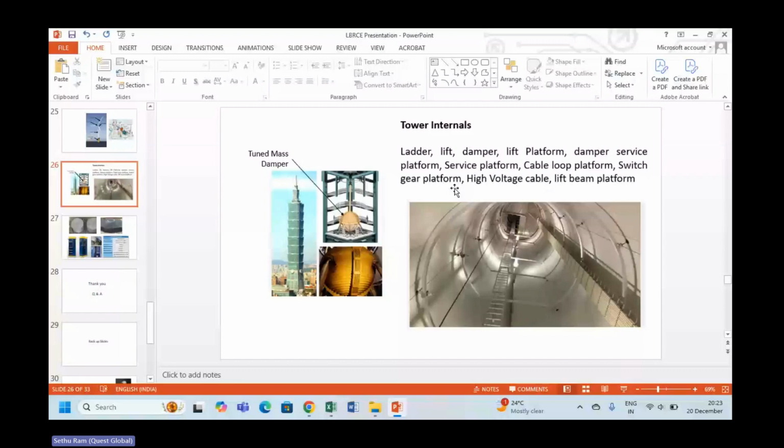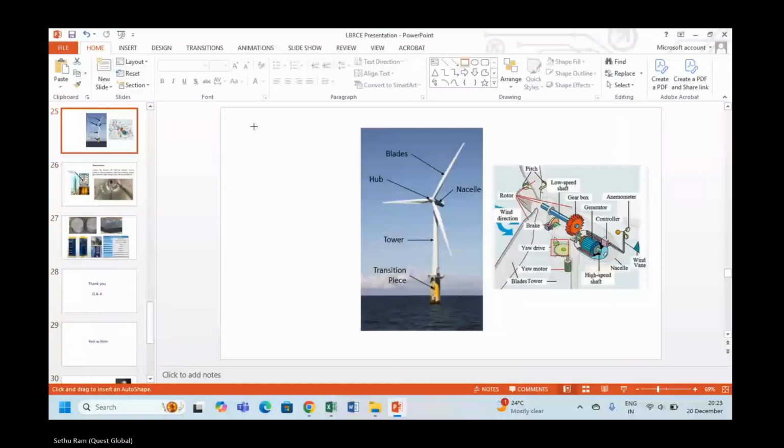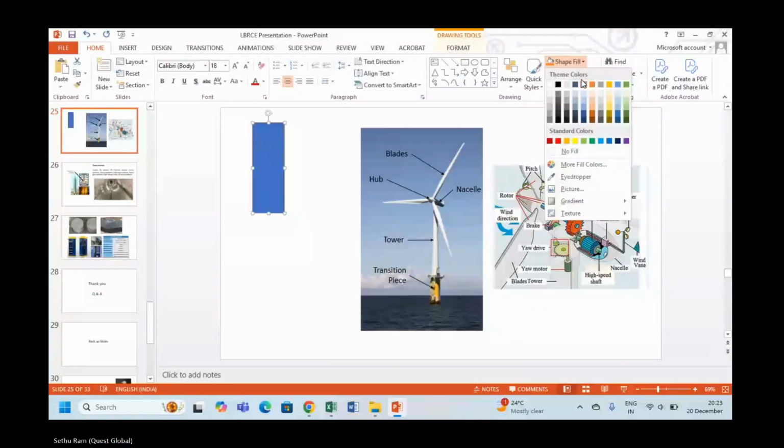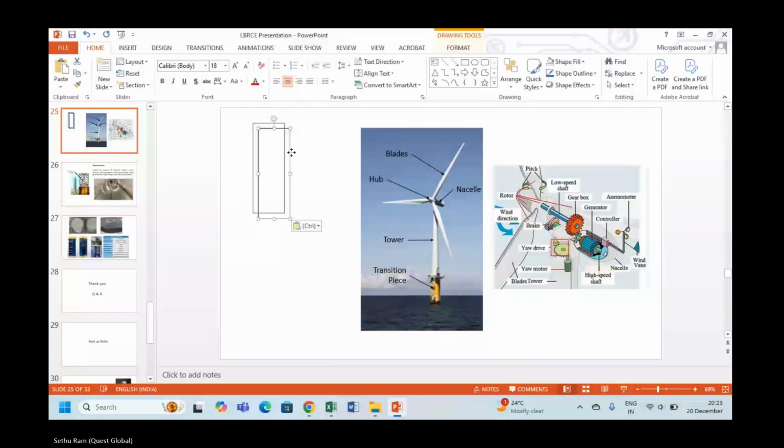It will be like this: you have to design the entire tower. The tower contains so many sections. One by one they will place it over the other.